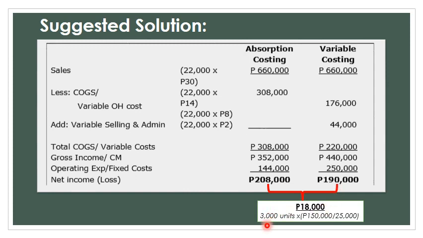Yan po ay dahil doon sa change in inventory 3,000 units times the 6 pesos na fixed manufacturing overhead per unit. So, yung 3,000 galing yan sa 25,000 units na total production less 22,000 na total sales.